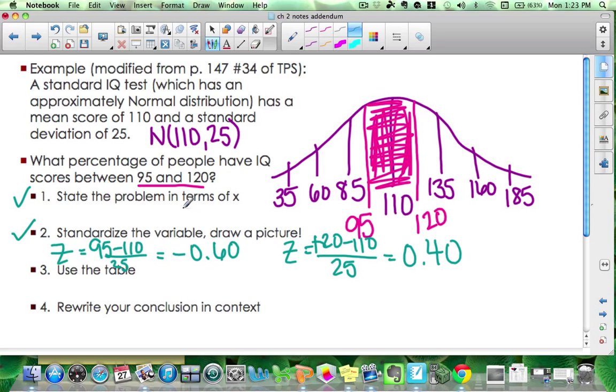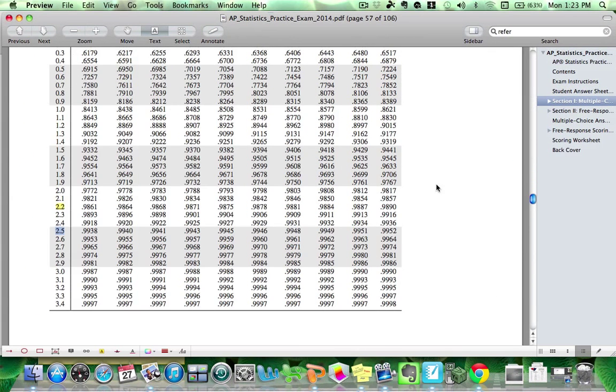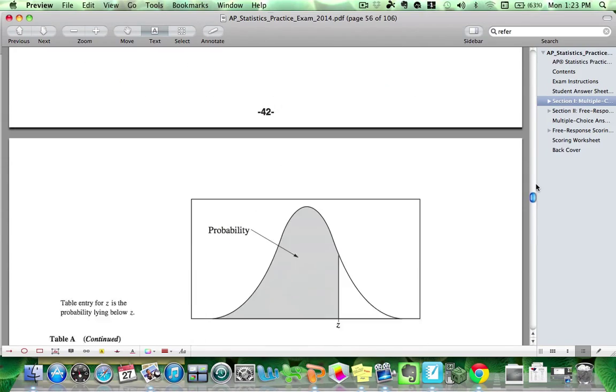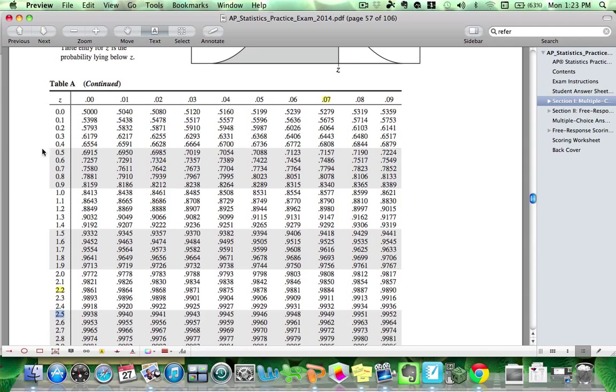We calculated z-scores. Now I'm going to use the tables to actually answer the question and find this percentage. So I know this is a between problem, so I need to look them both up and subtract. I'm going to start with the larger one, which is 0.4. So let's go to our tables. We're already at the positive side. 0.4, and then 0 in the hundredths place is 0.6554.